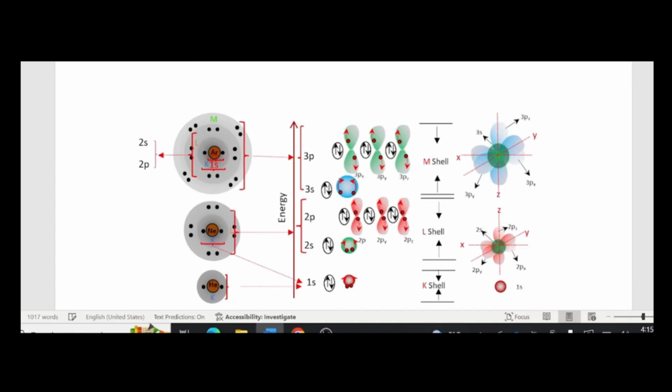Let's say you have argon now. Argon will have a 1s here, which is spherical, okay? It will have a 2s one here, plus you'll have all of these too. In addition, this last M shell will have a 3s orbital and 3p orbitals.